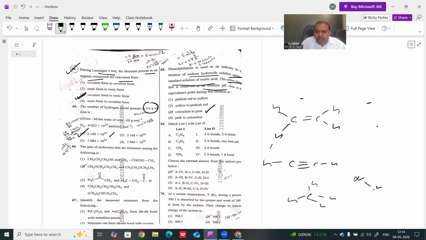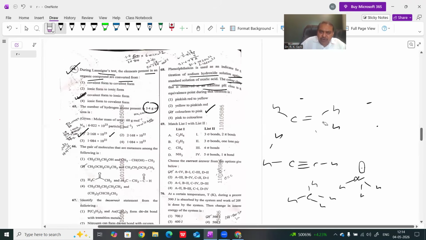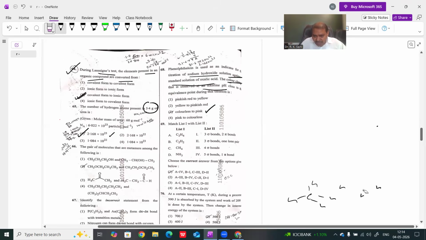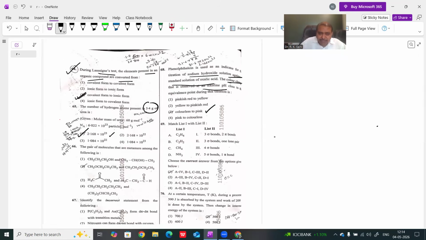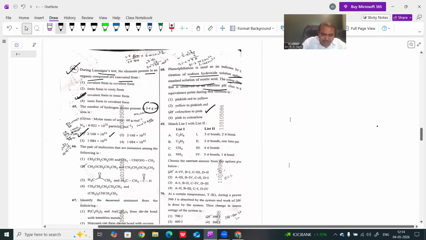In case of ammonia, 3 sigma and 1 lone pair, etc. This is a simple question, or we can say such type of questions are very elementary. When students get admission in 11th class for science, such questions are asked by the examiner at your school level. Next question.